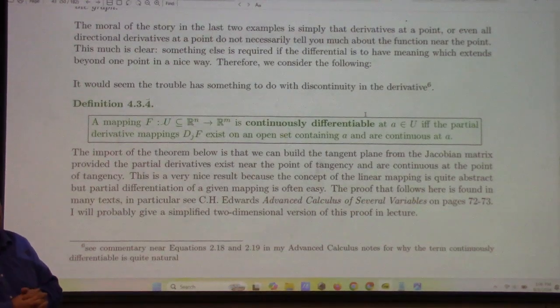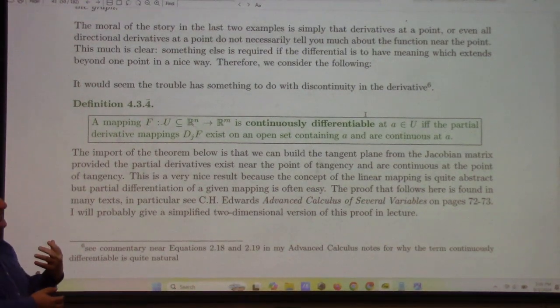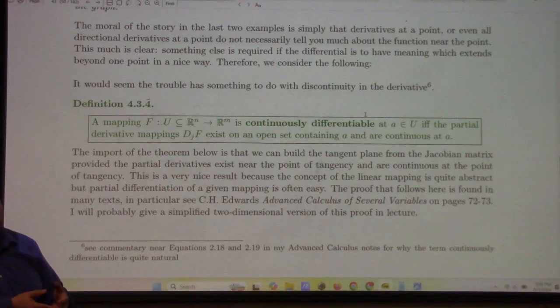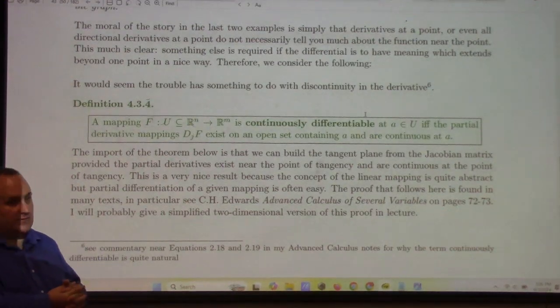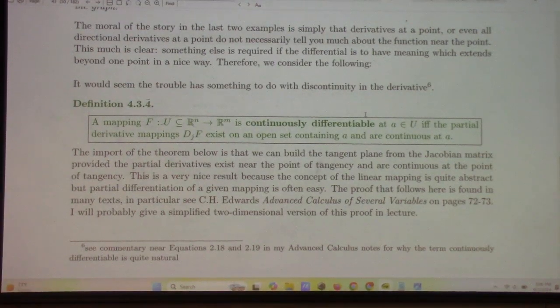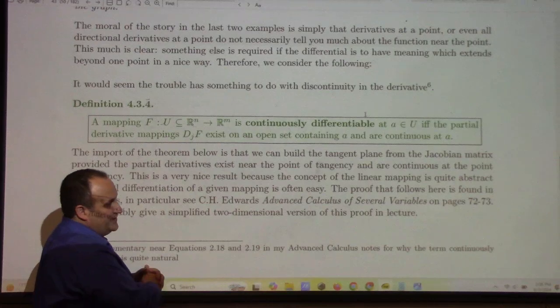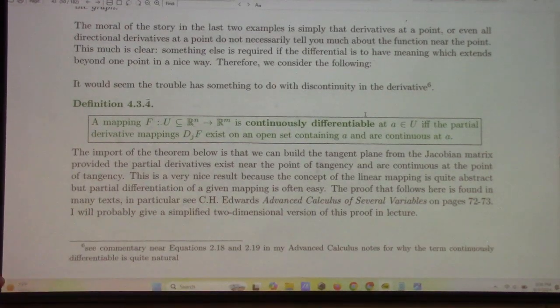No. But answering how you can weaken continuous differentiability and still get differentiability for a particular context is a far more technical question that I just leave to experts, okay? So this is a little bit greedy, is my point. Continuous differentiability is a little bit greedy, but it's greed that we endorse, okay?